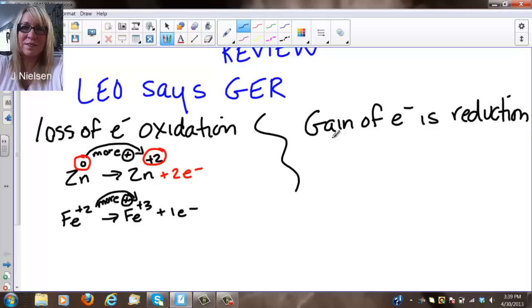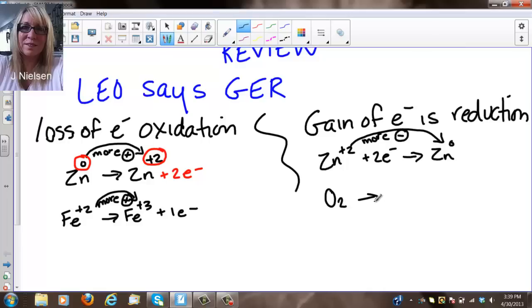Gain of electrons, okay? If I have Zn +2 plus 2 electrons, this becomes Zn 0. So here I'm going from Zn +2 to Zn 0, and this is becoming more negative, because when I gain negative charge, I'm going to become more negative. I'm gaining electrons. Another example of this is going from O2 to O -2.